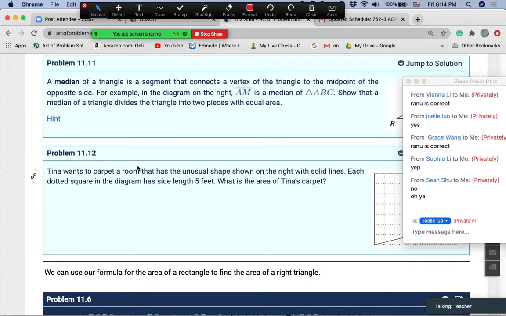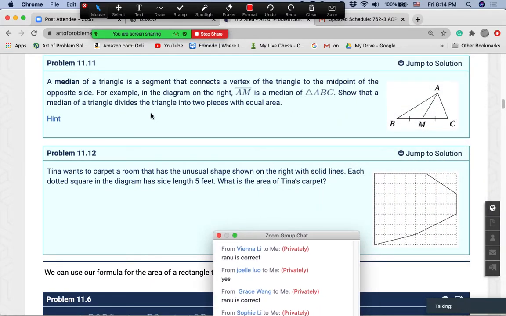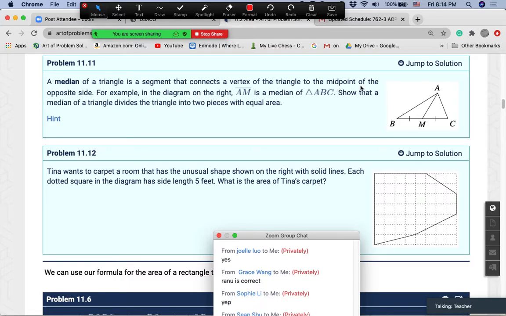Now let's go to 11. Say this problem: a median of a triangle is a segment that connects a vertex of a triangle to the midpoint of the opposite side. So that means AM, M is the midpoint of BC.